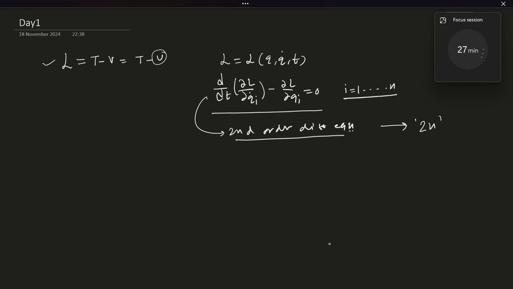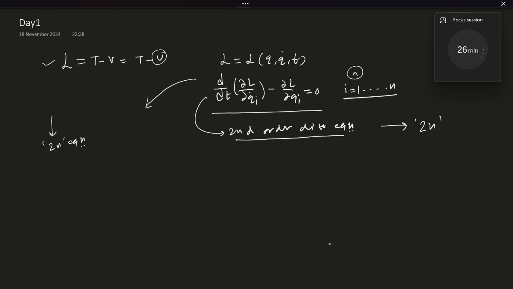What we want to do is write down the equation of motion not in the second order form, but in the first order form. If I write the equation of motion in the first order form, then we have to consider a total of 2n equations. With second order differential equations, there is a total of n equations.